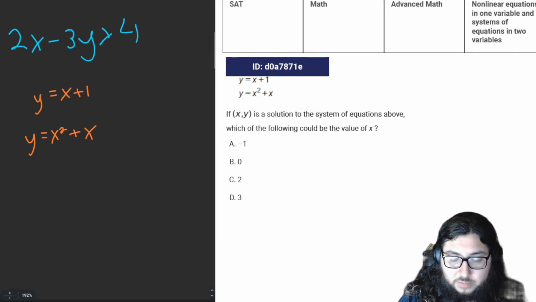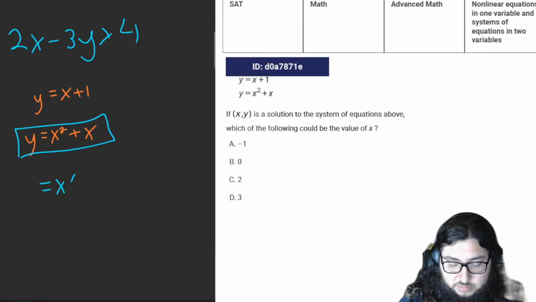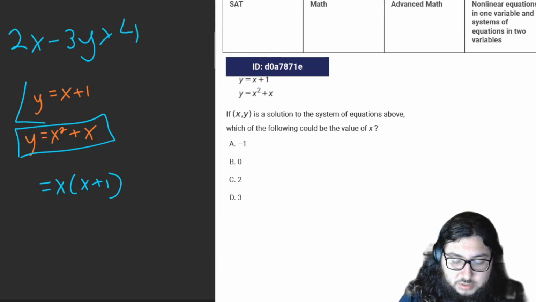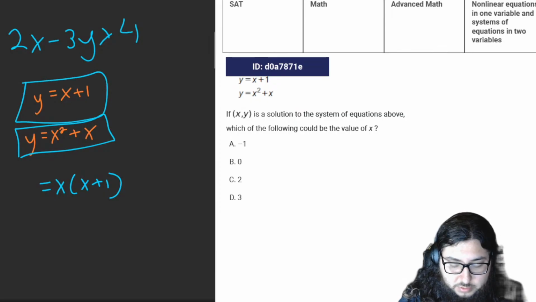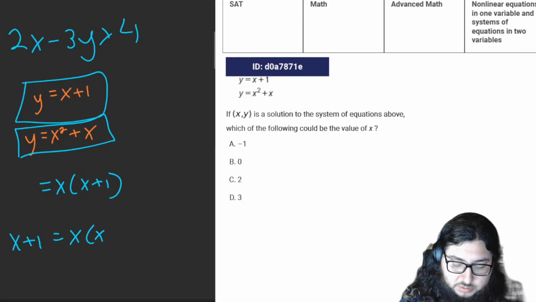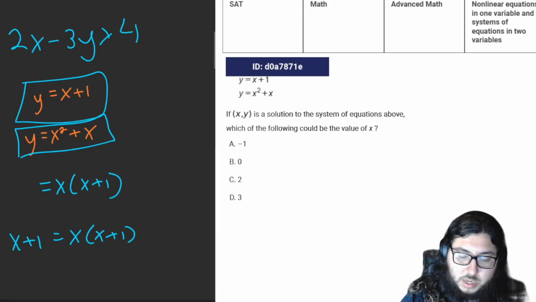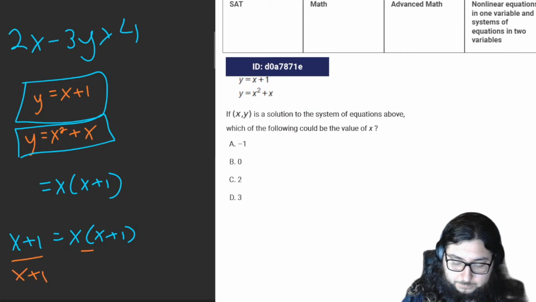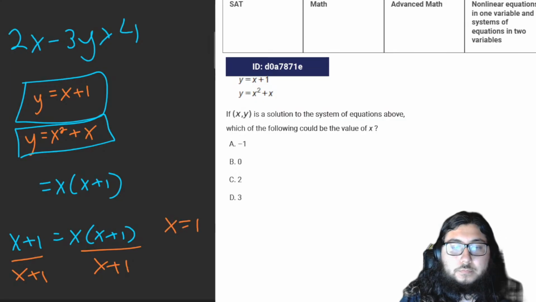You may notice that we can factor out x in the bottom equation, rewrite this as x times (x plus 1), and set these two equations equal to each other. So you have that x plus 1 is equal to x times (x plus 1). And if we divide both sides by x plus 1, you get that x is equal to 1.